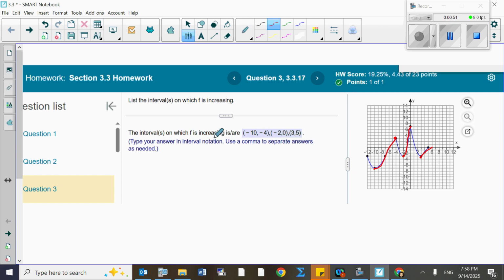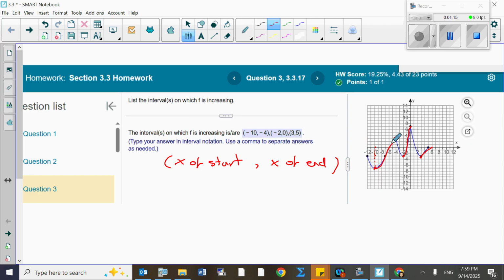In order to write the interval on which the function is increasing, you need to write the x of the start and the x of the end, and you put parentheses around it. The first point where the function starts going up has an x of negative 10, so I write negative 10.